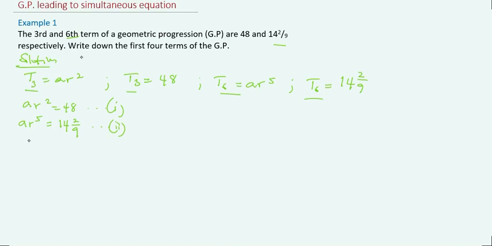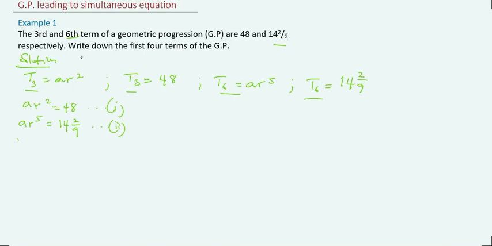Then we'll have to solve it simultaneously. So how do you solve it simultaneously? We will say equation 2 divided by equation 1 in this case. There's nothing wrong with equation 1 divided by equation 2, but take note that the power of r here is 2 and the power of r here is 5. Make sure you write the one with the higher power of r first.